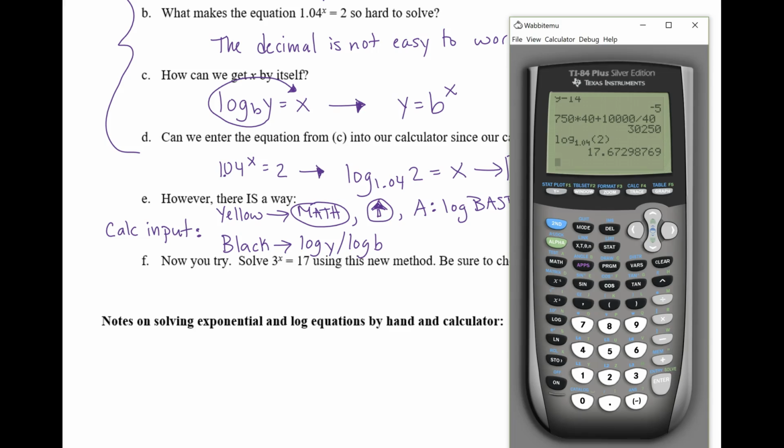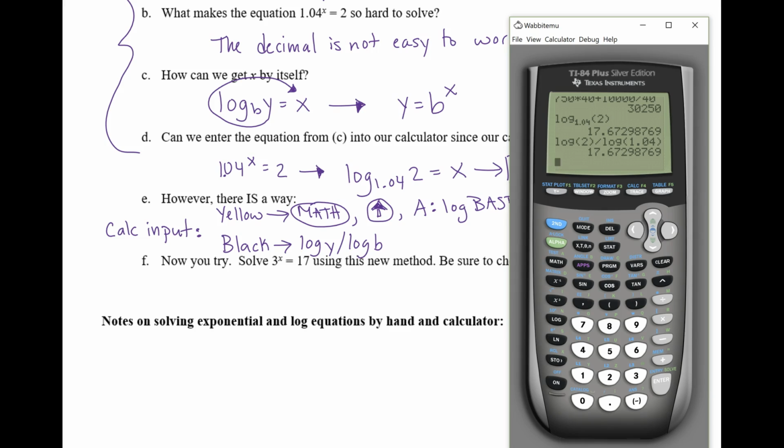You can still do this on the yellow calculator. I almost think this is easier because you don't have to press math or up arrow. So in this problem, it's log 2 divided by log of the base, 1.04. Enter. You get the same exact answer. You can do either way on the yellow calculator. On the black one, you have to do this second way.